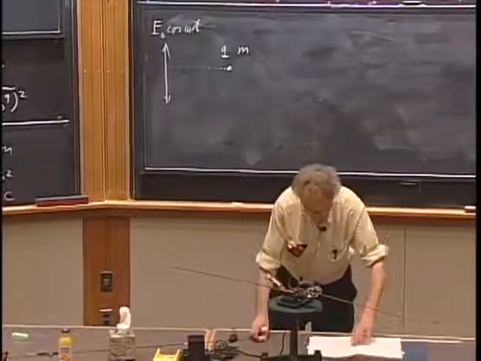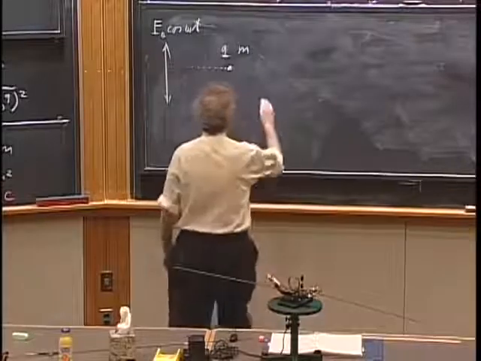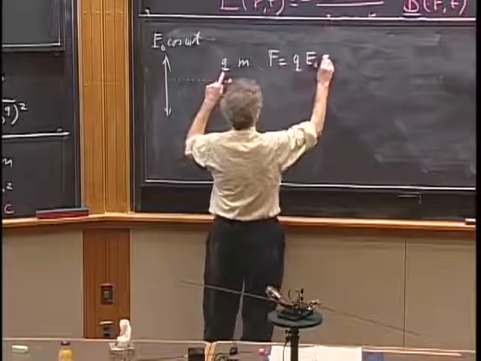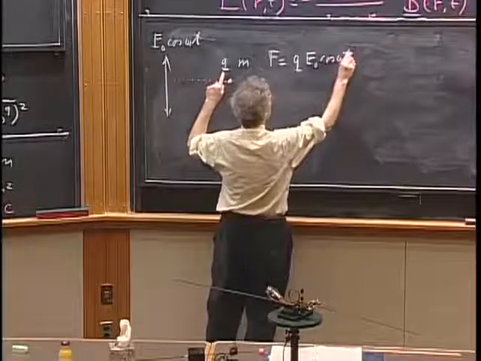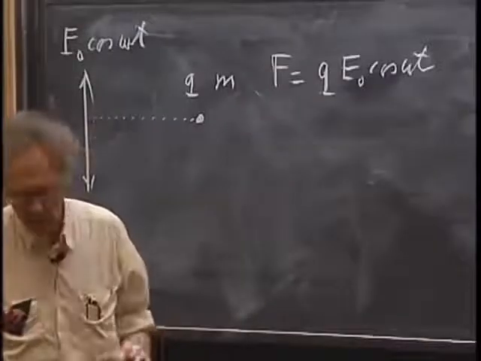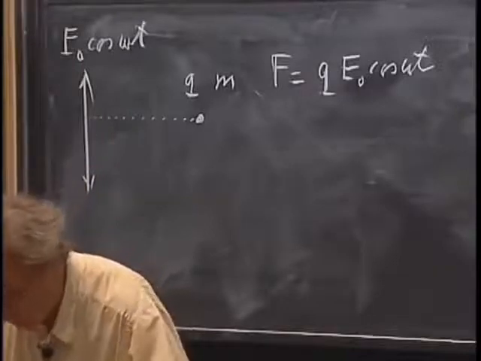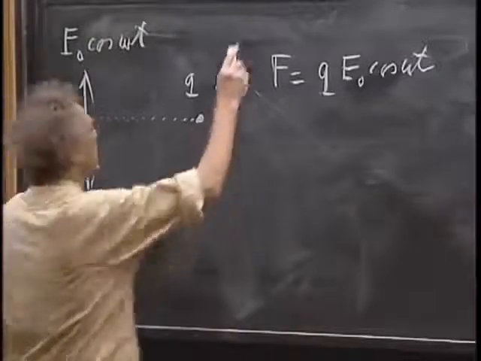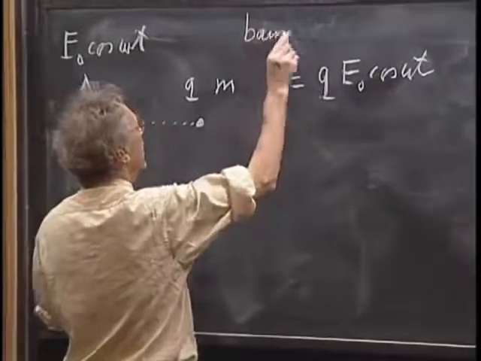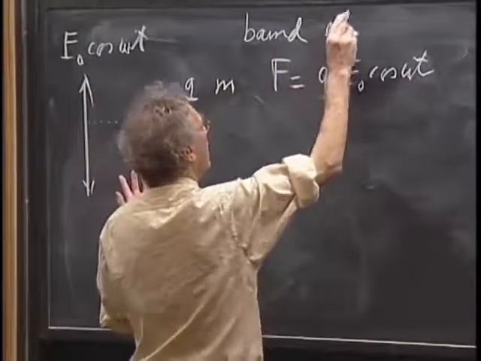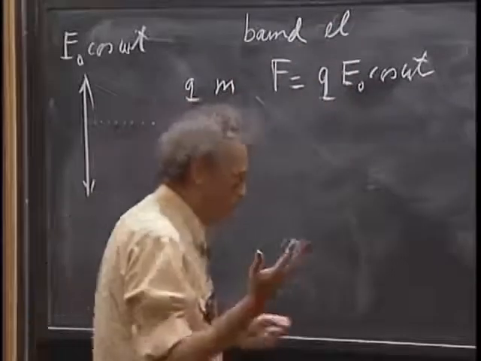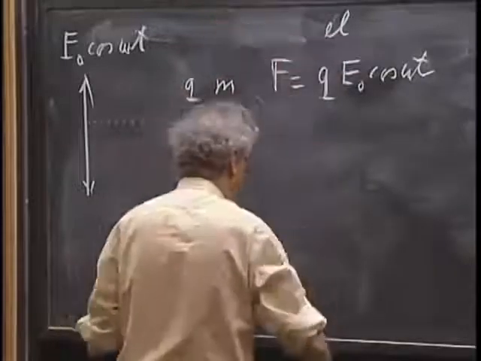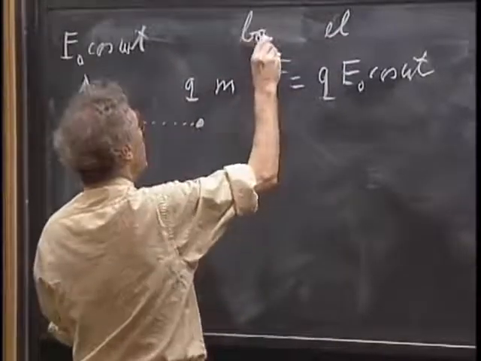And the force that the electron will experience, F, is Q times E0 cosine omega t, right? That is the definition of electric field as it is connected to force. Now, I do this for bound electrons. So these electrons are bound in an atom or in a molecule. So when you try to move them away from equilibrium, they don't like that.